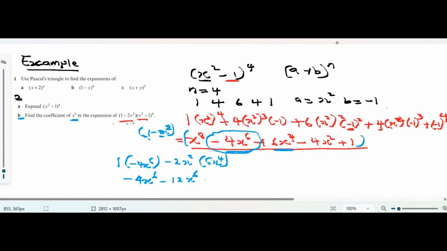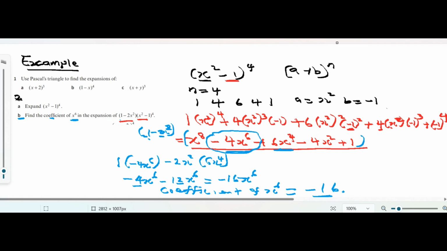So this one I can add the coefficients, which will be minus 16x raised to power 6. So the coefficient for power of 6 will be negative 16, and that is my answer.